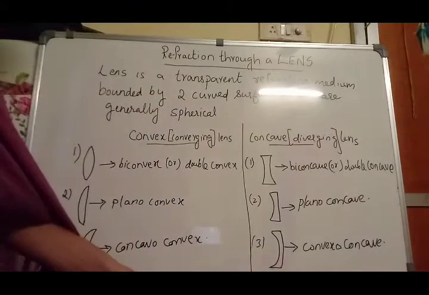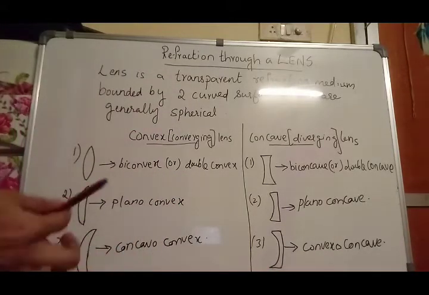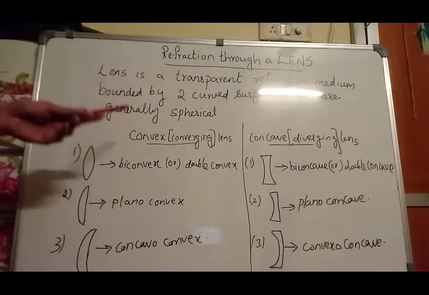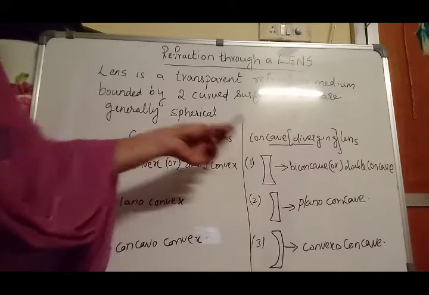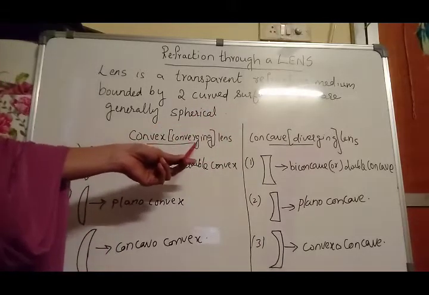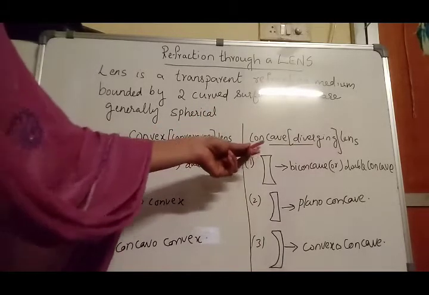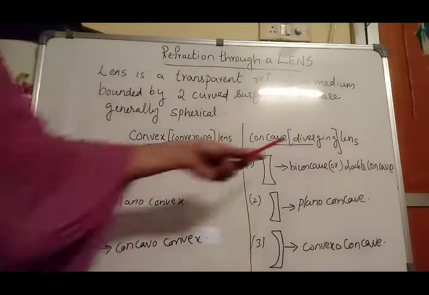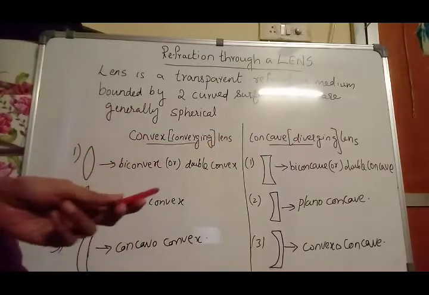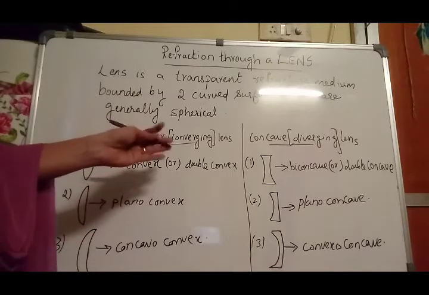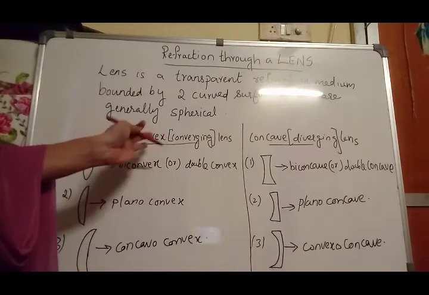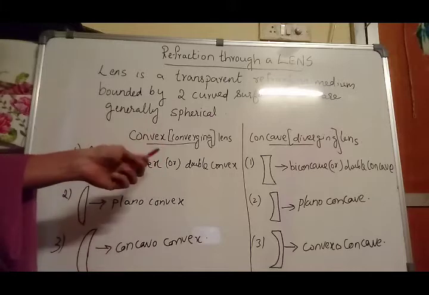Now let us see the different types of lens which we have. One is convex lens, as I told, another one is concave lens. Convex lens is also known as converging lens, and concave lens is also known as diverging lens, depending upon the nature of the ray coming out of the lens. We have learned about mirror.